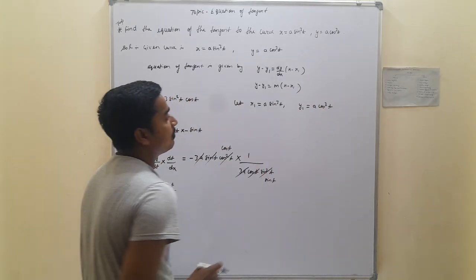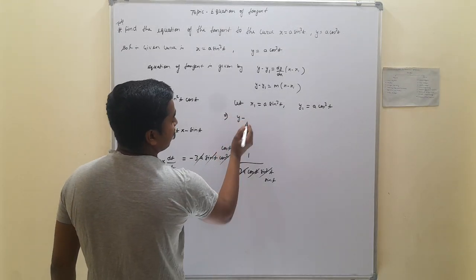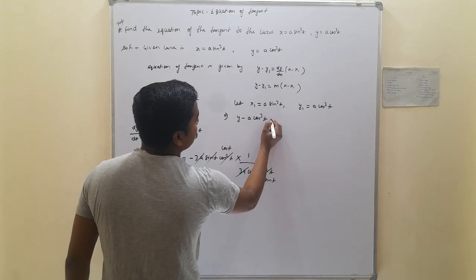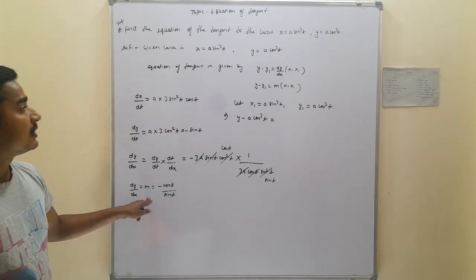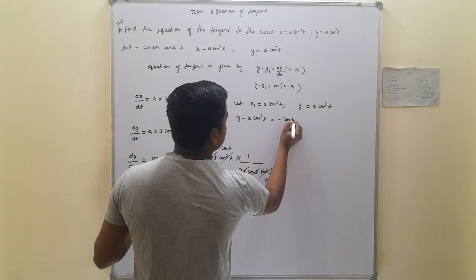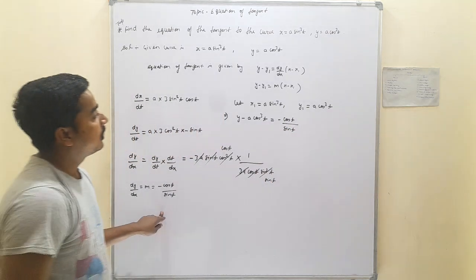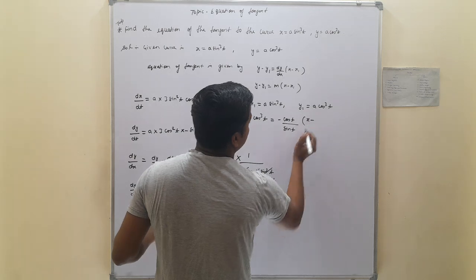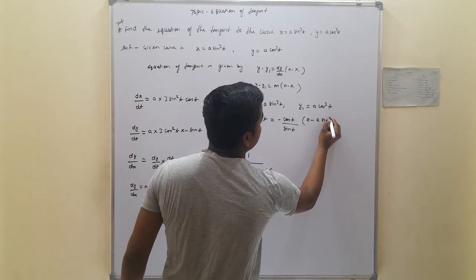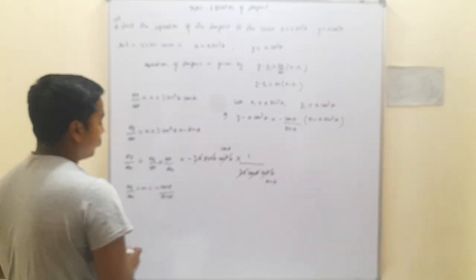Putting these values in the equation of the tangent, we get y minus y1, which is a cos cube t, equals m, which is dy by dx, that is minus cos t upon sin t, times x minus x1, where x1 is a sin cube t. Further we have to simplify to get the required result.